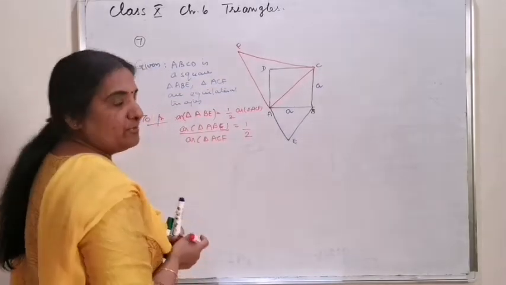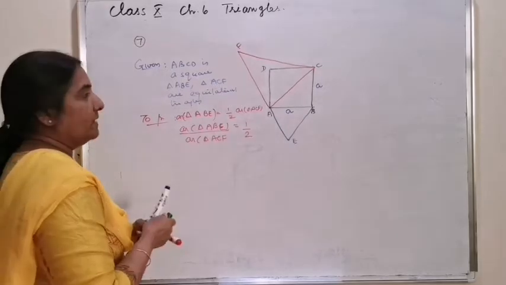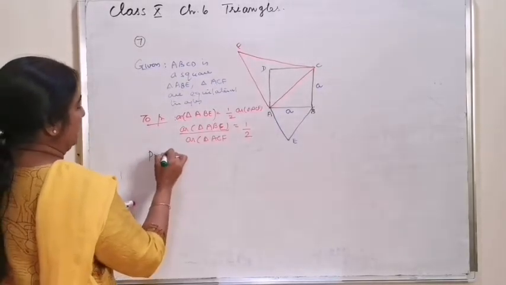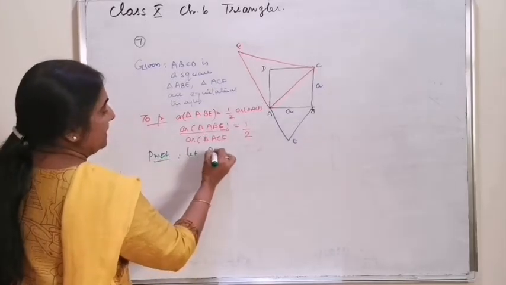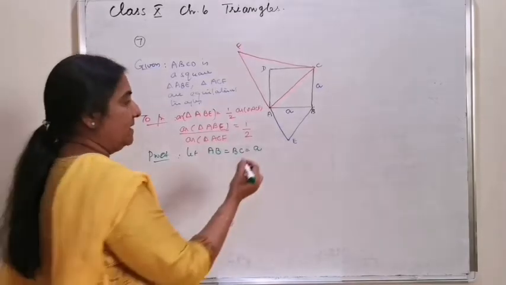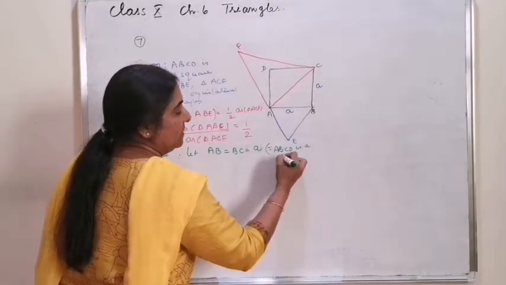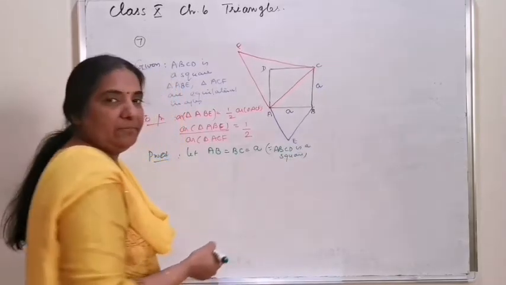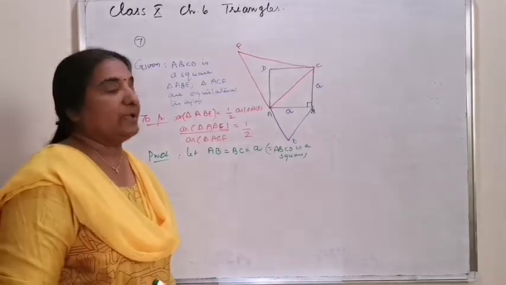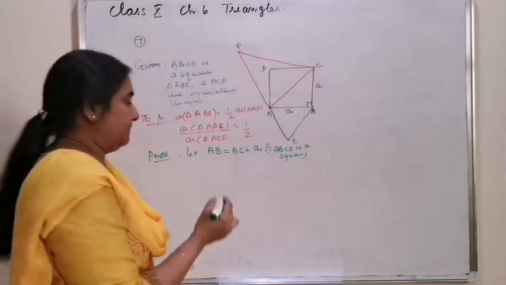Now the proof starts as, let AB equal to BC equal to the same length A, because since ABCD is a square, all sides are equal, and for a square it is a right angle, and you can find the length of the diagonal by Pythagoras theorem.